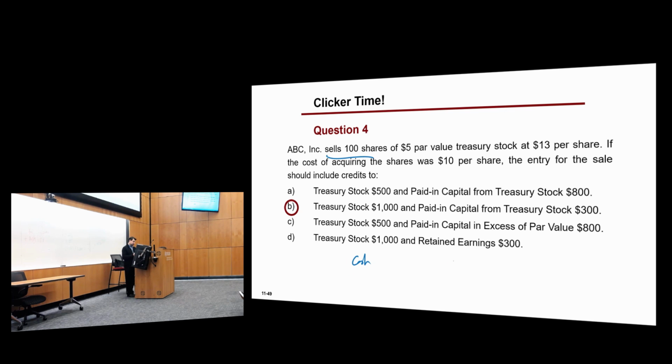How much? It is at $13, so it's $1,300. This is based on the sale. The company will credit treasury stock based on cost. It is 100 shares, it was $10, so it is 1,000. The difference between the two will be paid-in capital from treasury stock. That will be 300.